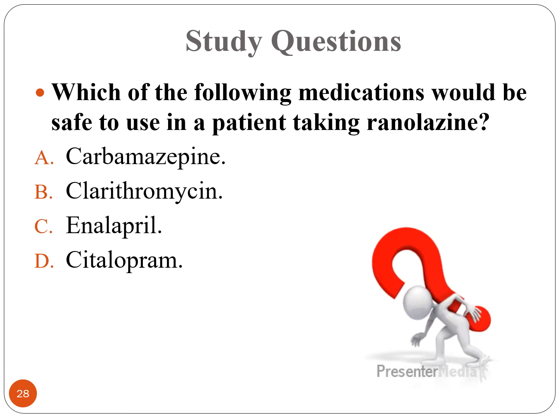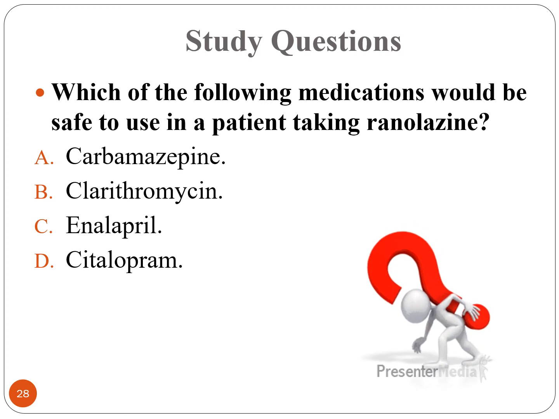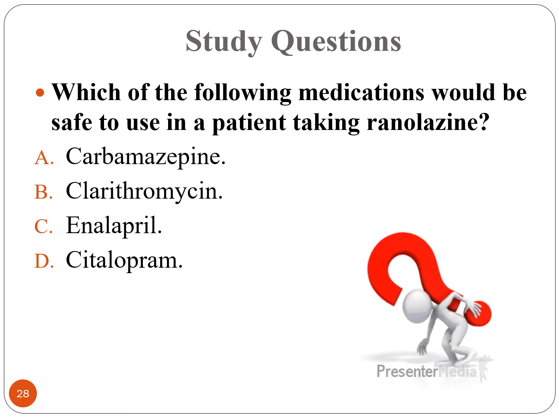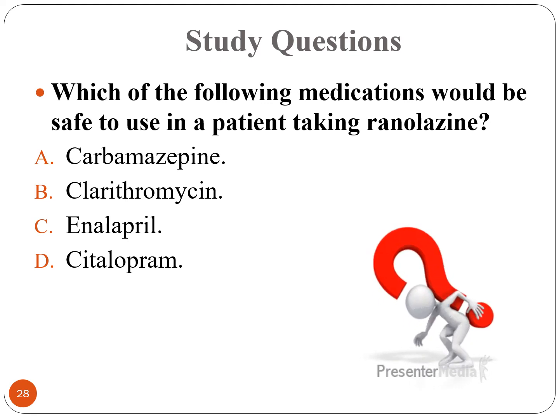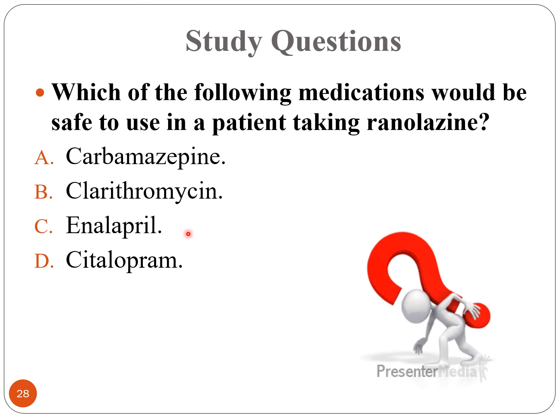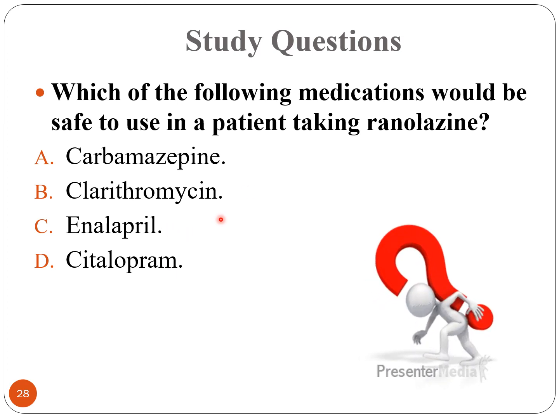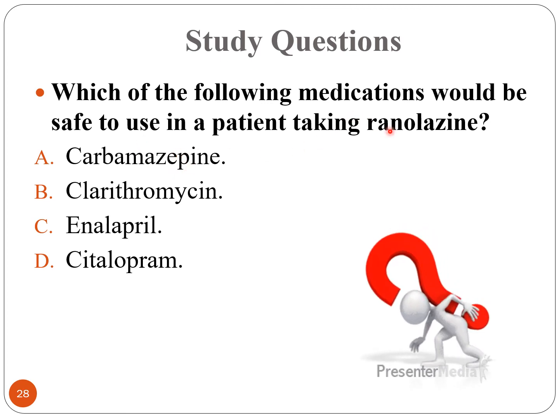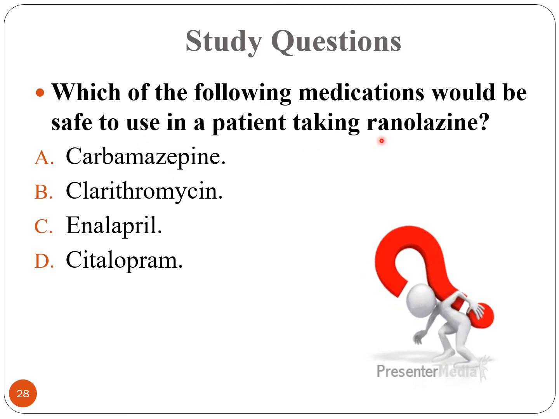Which of the following medications should be safe to use in a patient taking ranolazine? Is it carbamazepine, clarithromycin, enalapril, or citalopram? It is enalapril. Carbamazepine is an enzyme inducer, so this can lead to a drug interaction with ranolazine.